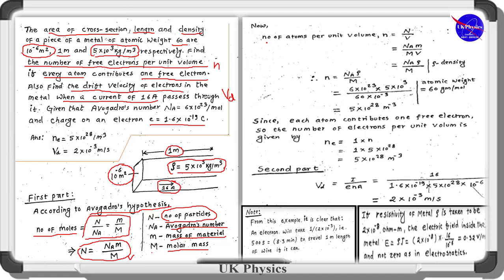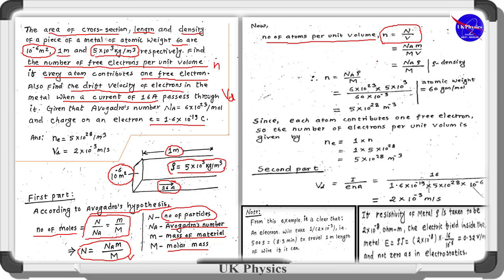After these expressions, we can find the number of atoms per unit volume, which is given by this formula, where N is the total number of particles inside the metal. That means in our case, the total number of atoms inside the material, and V is the volume. So the number of particles divided by the volume of the material gives the atomic density, that means the number of atoms per unit volume.